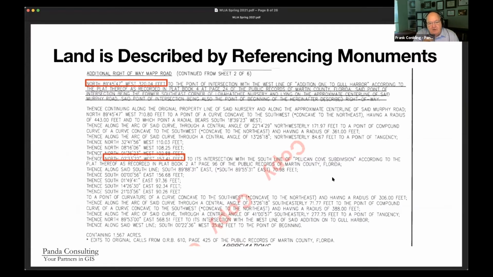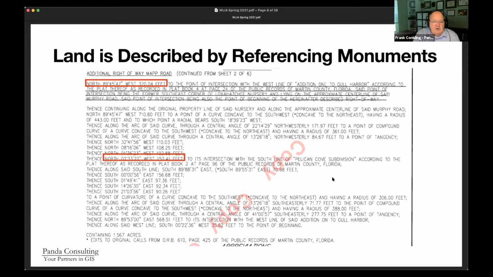That monument could be, as I was describing, the road that you were walking along, or it could be a tree, or a stone wall, or the river. But it was always this concept of referencing a monument. It was only later that we began to introduce things such as a direction, maybe a distance. But it was always the monumentation.